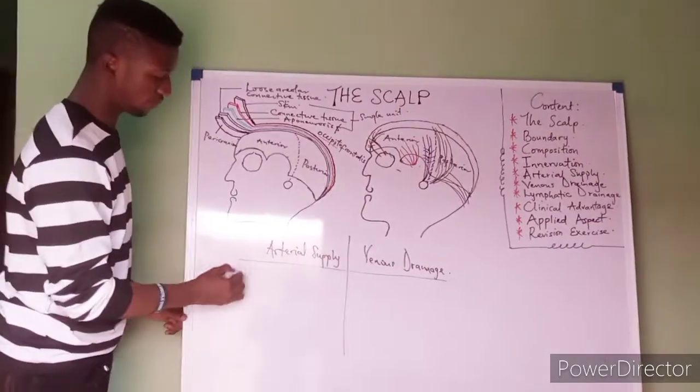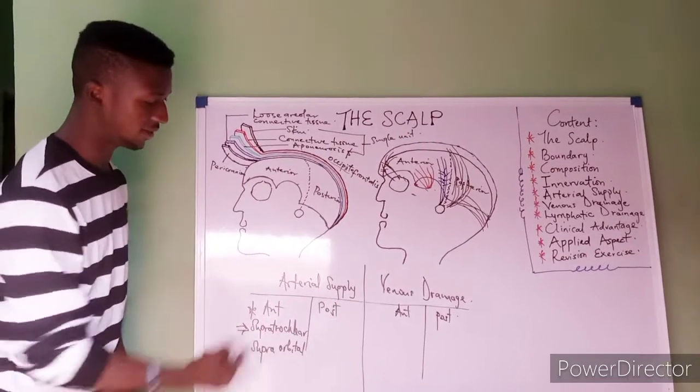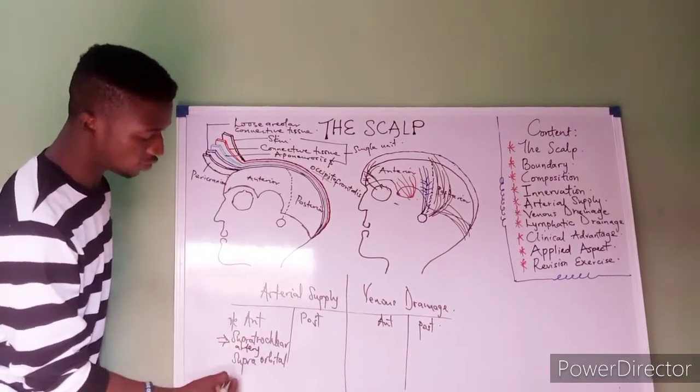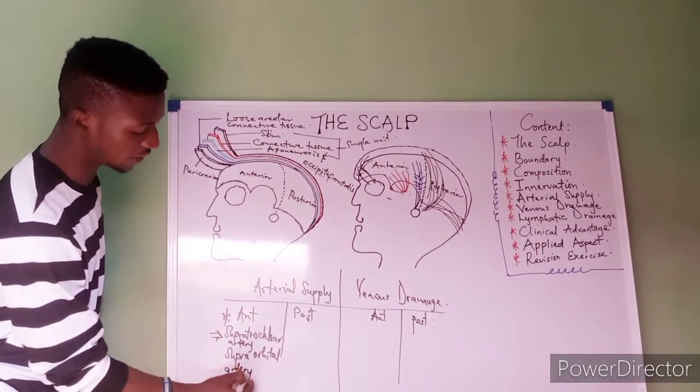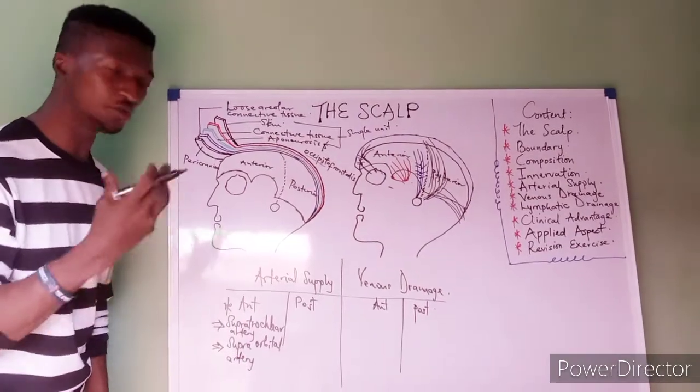The first is the supratrochlear artery, and we also have the supraorbital artery. These are the 2 arteries in the frontal region.